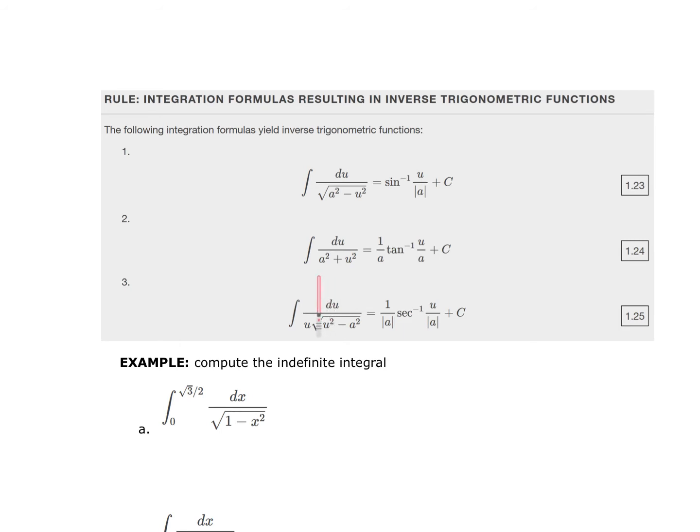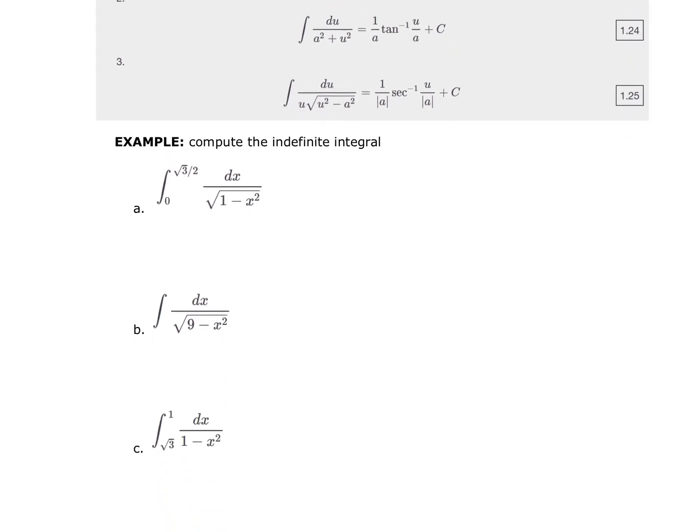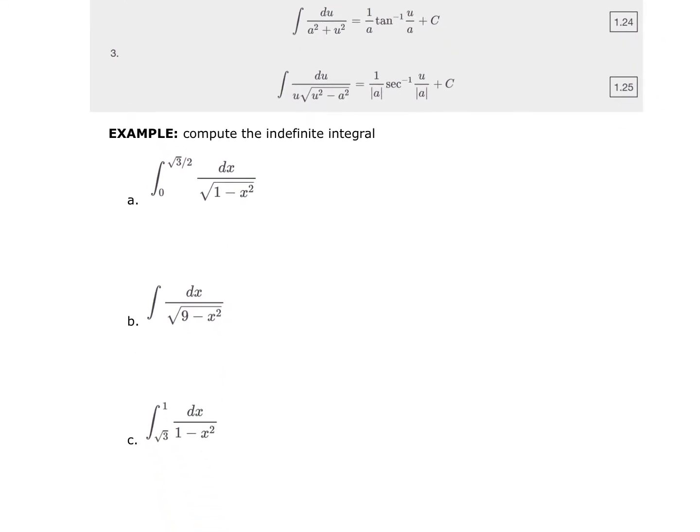Well, you can totally do this without memorizing the a version, provided, of course, we have the idea of what derivatives are. And what I mean by that is, now I'm going to go right to b. I'm going to ignore a because a is straightforward. This is going to be the sine inverse of x evaluated from 0 to the square root of 3 over 2. Nothing exciting there. Let's take a look at b.